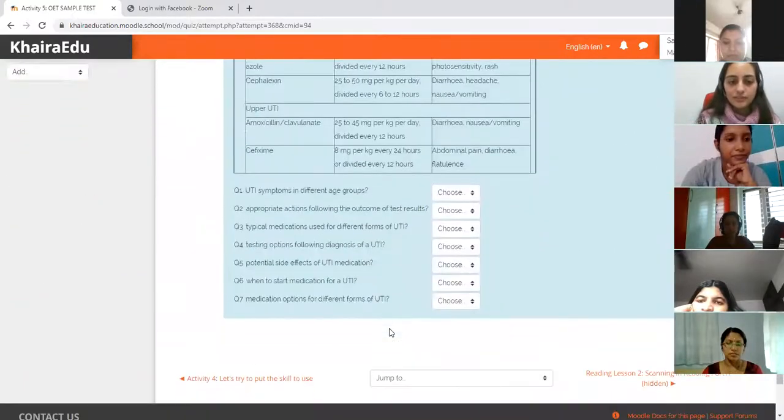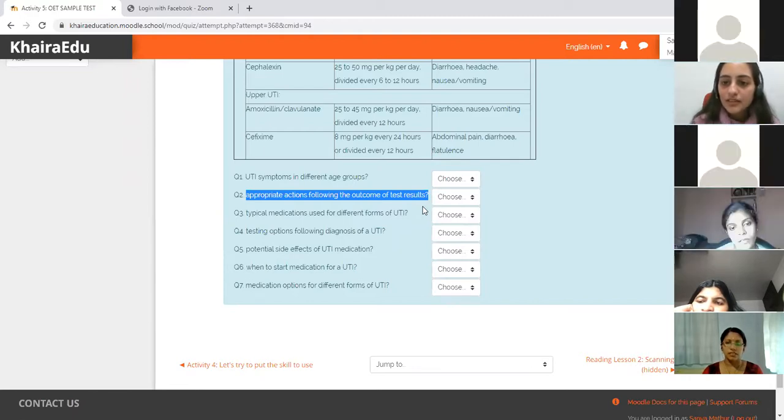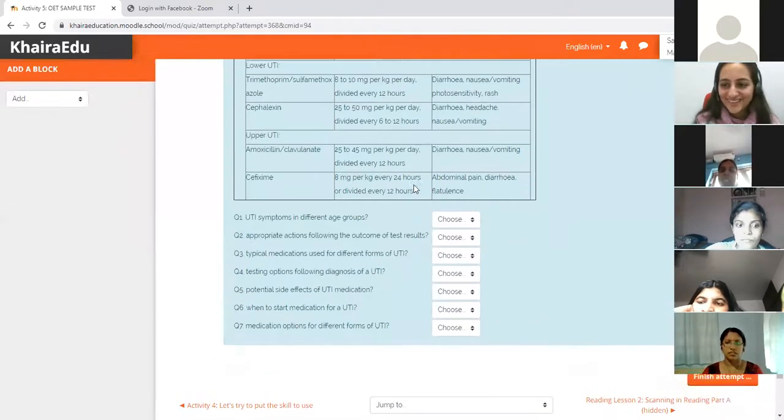Let's look at the second question. In which text can you find information about appropriate actions following the outcomes of test results? So what was the correct answer here? Text B. Did anyone else have a different answer other than B? C. I got it wrong. Okay.